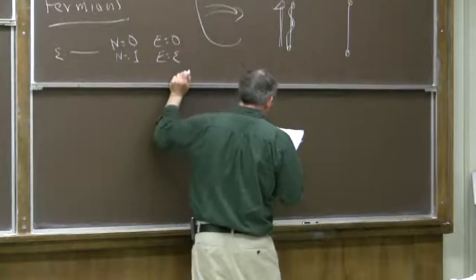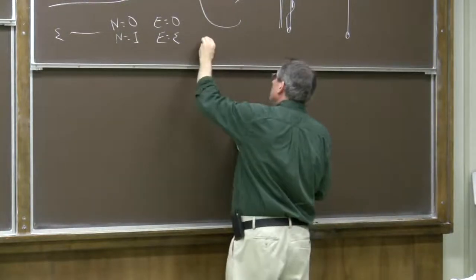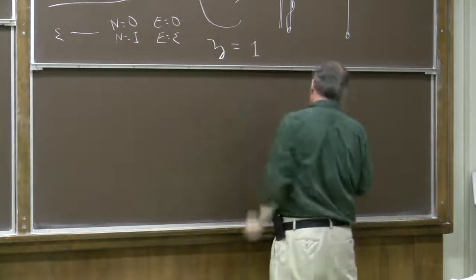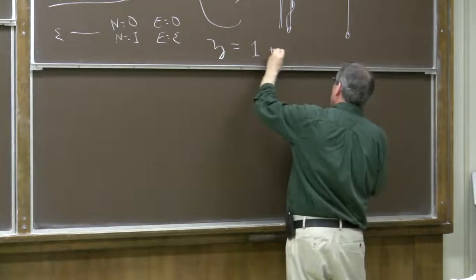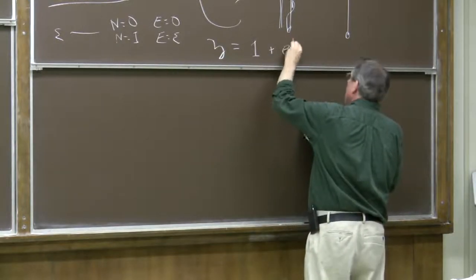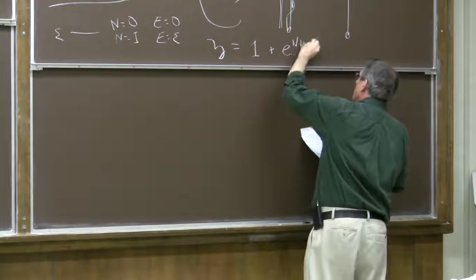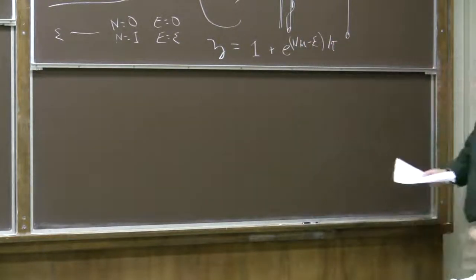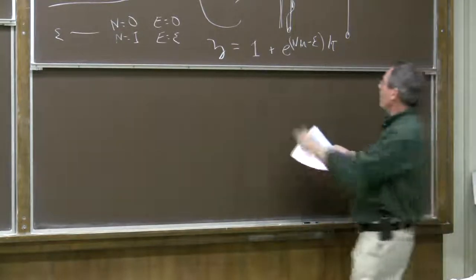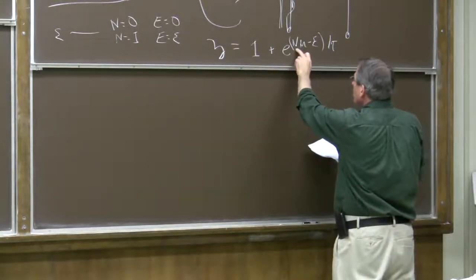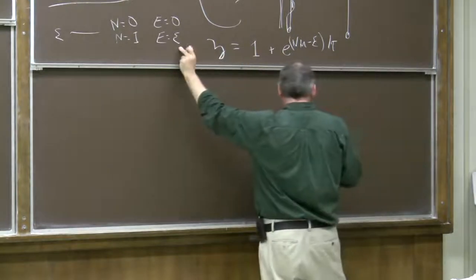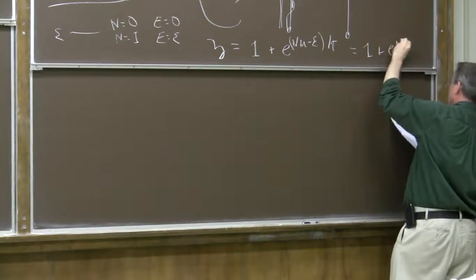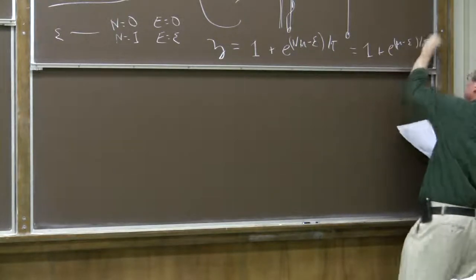So if I consider the Gibbs sum for just that single orbital, it's equal to 1 when it's empty, or e to the n mu minus e over tau if it's occupied, but in this case n is equal to 1, and e is equal to e when it's occupied. So it's just 1 plus e to the mu minus e over tau. That's the Gibbs sum.